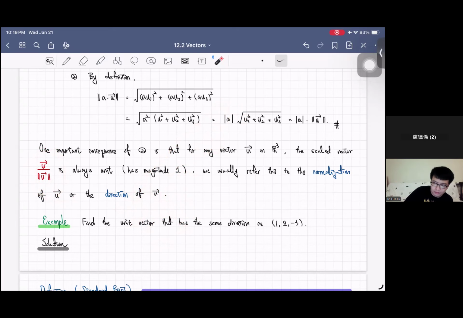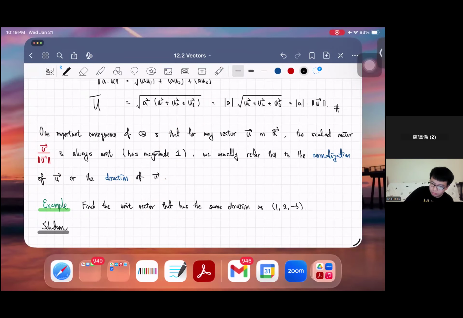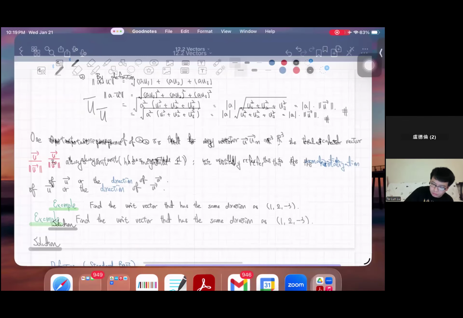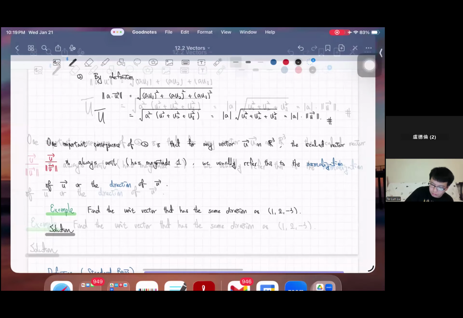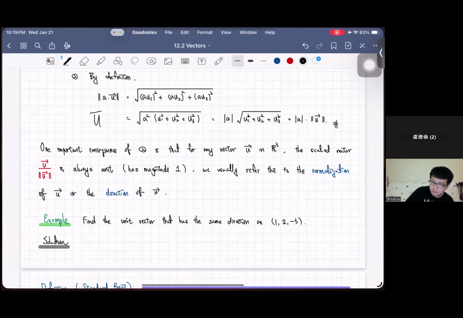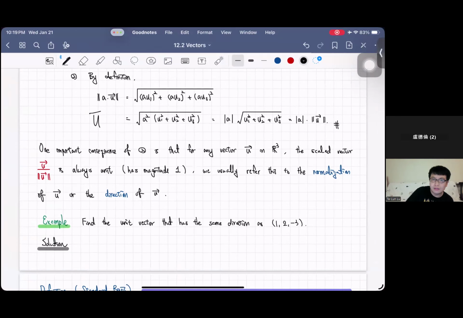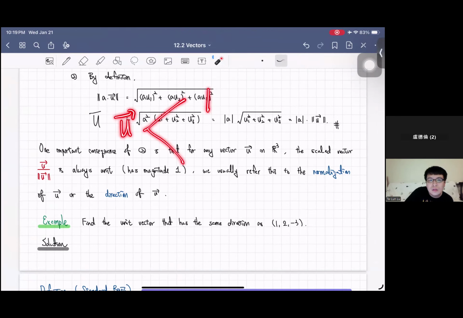So to be precise, given a vector u, the information of magnitude is given by the length, or the norm. And the information of the direction is given by the normalization of that vector. Okay.